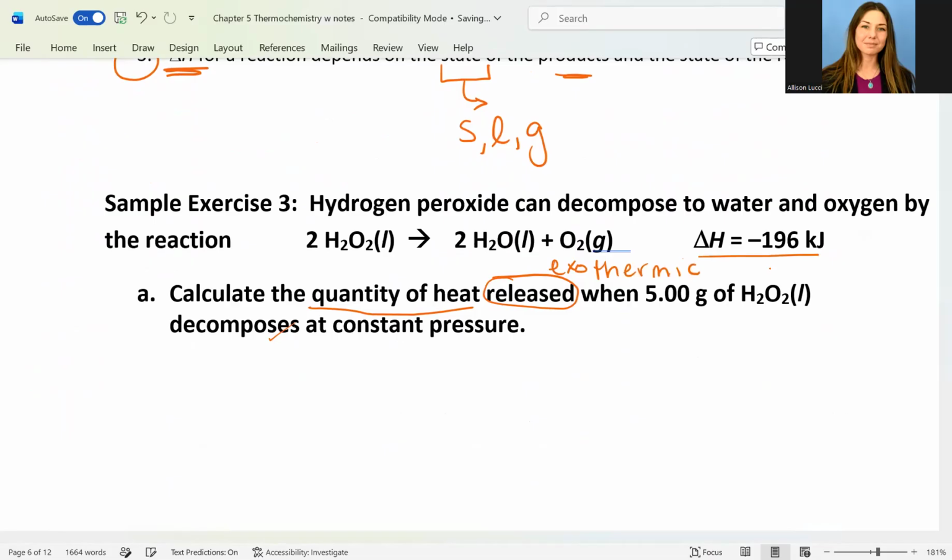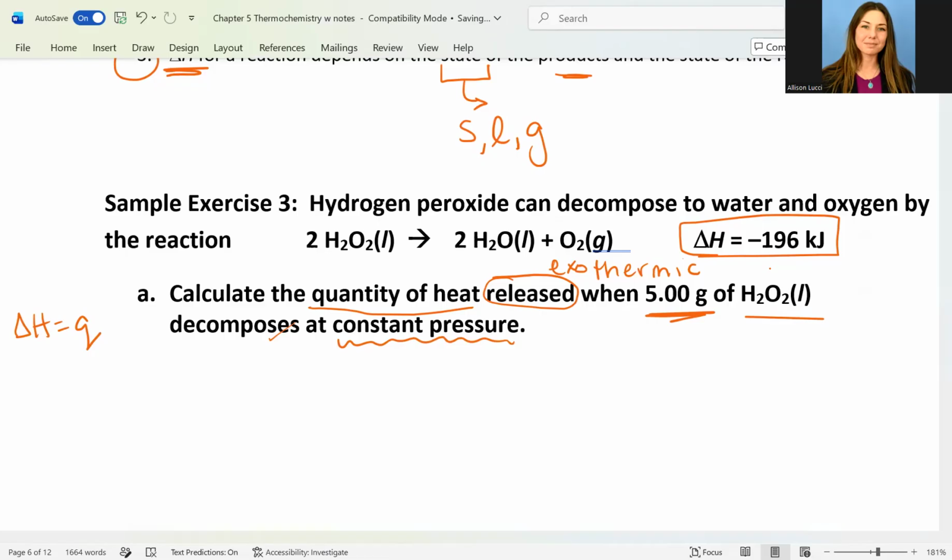And we see that we have a negative enthalpy value in the forward direction here. So that matches up. When 5 grams of hydrogen peroxide decomposes, and we're told it's at constant pressure, that means that we can go ahead and say that Q equals delta H because we're at constant pressure. So that's just a side note.